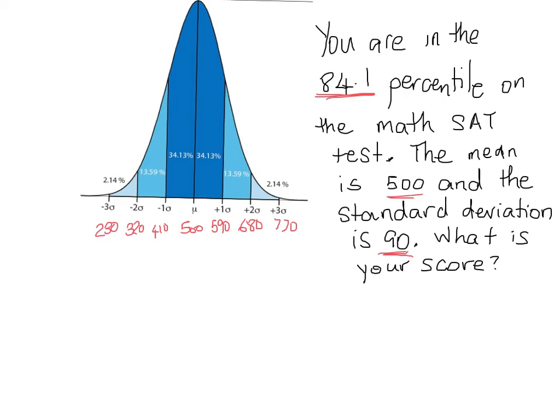So since our middle is right here, approximately half, it's not quite, but approximately half of the people who took the test will be below or average. So that's the 50th percentile, right in the middle.